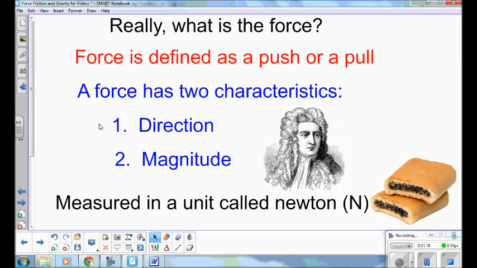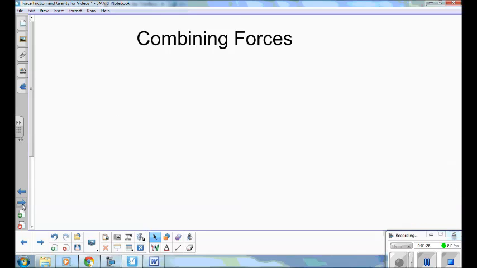One of the things that I like about force is that I find it to be pretty easy to work with. You can add it, you can subtract it, and it's going to look something like this. When we combine our forces, we start out by indicating a force with an arrow. Here, this blue arrow is 5 newtons.